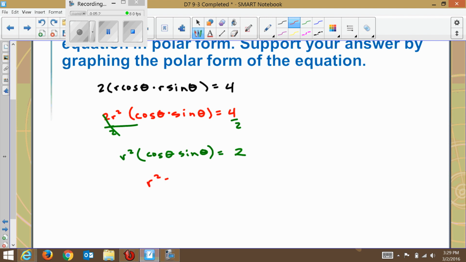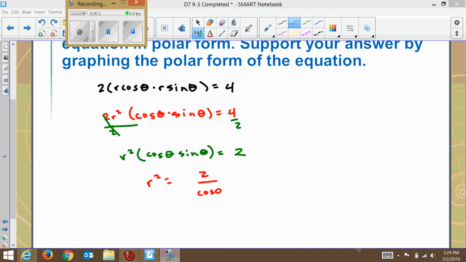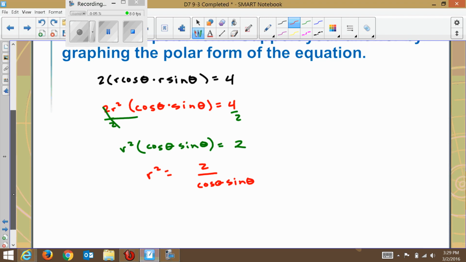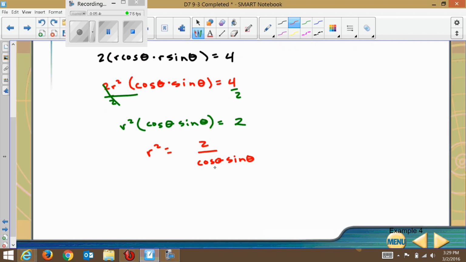And I will have 2 over cosine theta sine theta. Now there's a double angle identity. It allows me to convert this if I take it back to the way it was with the 4 and the 2. So I actually shouldn't have changed it. It kind of defeated the purpose. So I'm going to change this back to a 4 and this one to a 2. I know we could cancel those, I'm going to go back and not do so.